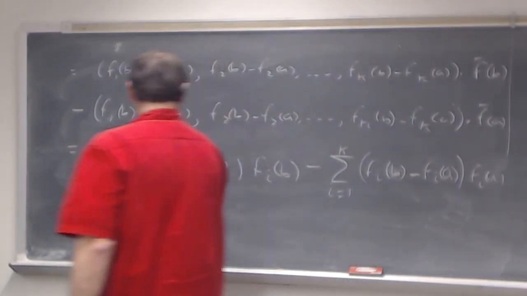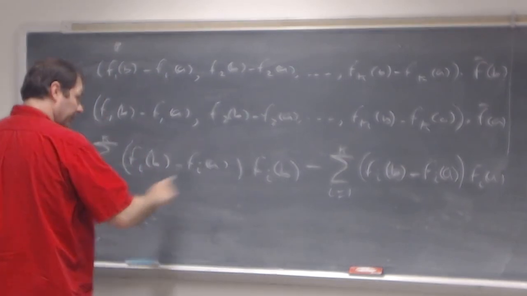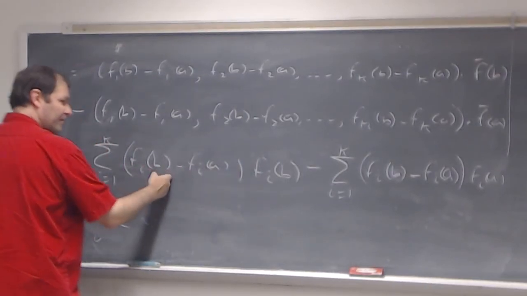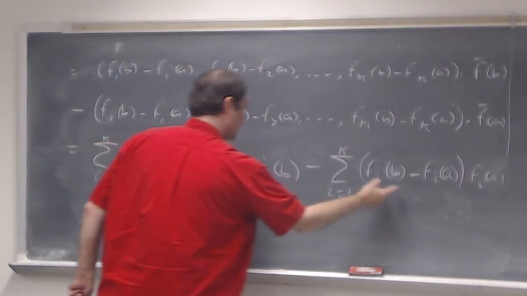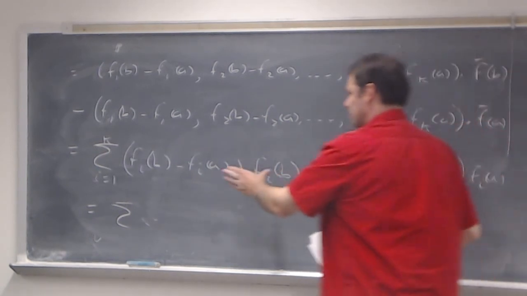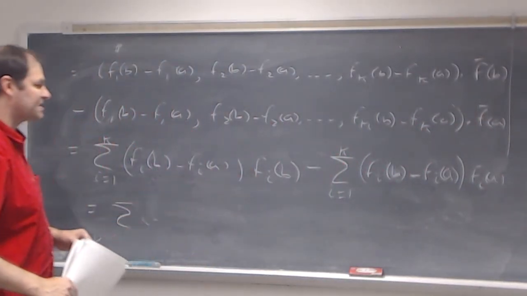Now, if you were to combine these into one sum, you'd have one sum of this guy minus this guy. But this factor here in the combination of the two sums is the same.